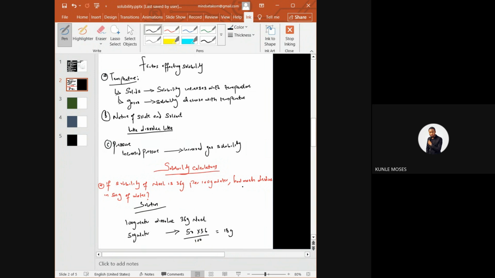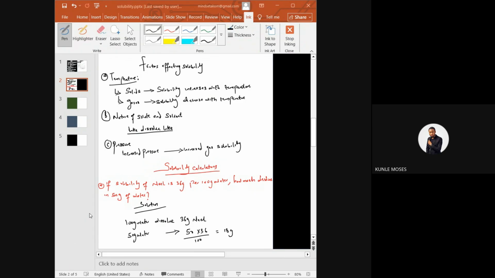It simply means 18 grams of NaCl will be dissolved in 50 grams of water. That's the implication of that.